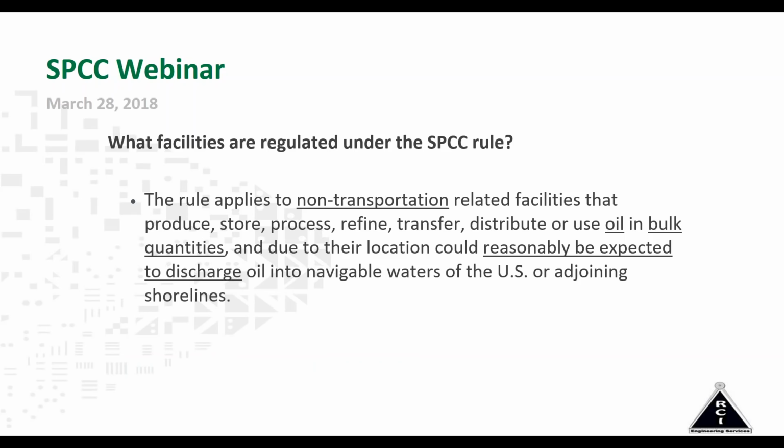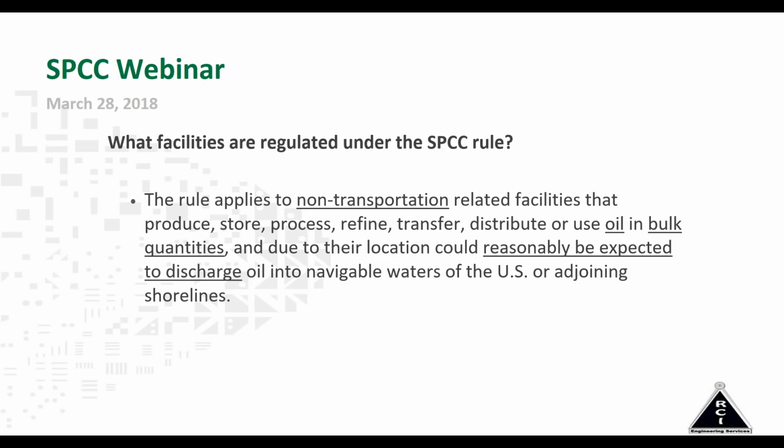One of the first questions that we're always asked is how do I know if the SPCC rule applies to me? The rule applies to non-transportation related facilities. So if you're a truck on the road or a pipeline or a barge, the rule does not apply to you.